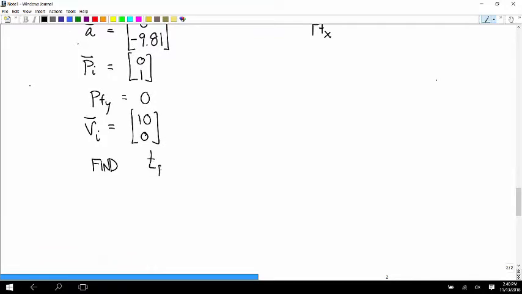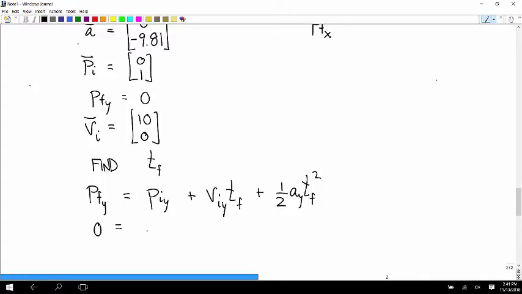Okay, so we want to find TF. And we can do that with the equation that says PFY is equal to PIY plus VIY TF plus 1/2 AY TF squared.